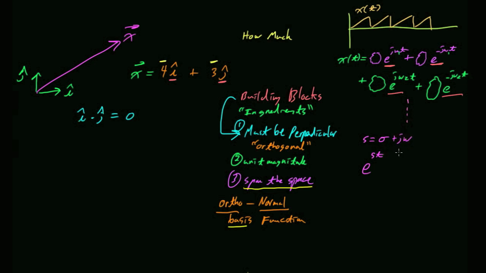But conceptually, it's the same. You're taking your signal and re-expressing it as a weighted sum of building blocks. And those building blocks are orthonormal, right? They're perpendicular, unit magnitude, and you can create any time signal out of a weighted sum of them. Okay? It tells you different stuff than what we're about to do. It just has different applications.